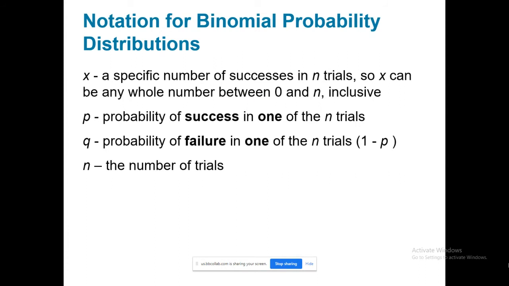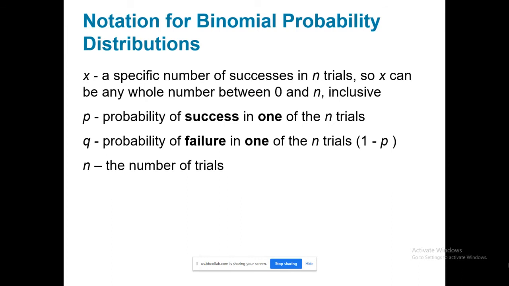Q is the probability of failure. The probability of failure is 1 minus the probability of success, 1 minus P. And N would be the number of trials. So as we deal with a binomial probability distribution, we should be given all four of these quantities.